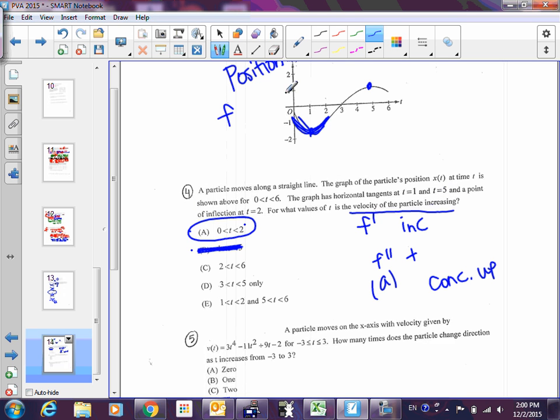It's because we start with position. If we had started with velocity, that's where most people read this problem. This is the graph of position. And when they say velocity is increasing, what they're saying is acceleration is positive. It's like the rate of change of the rate of change. Okay.